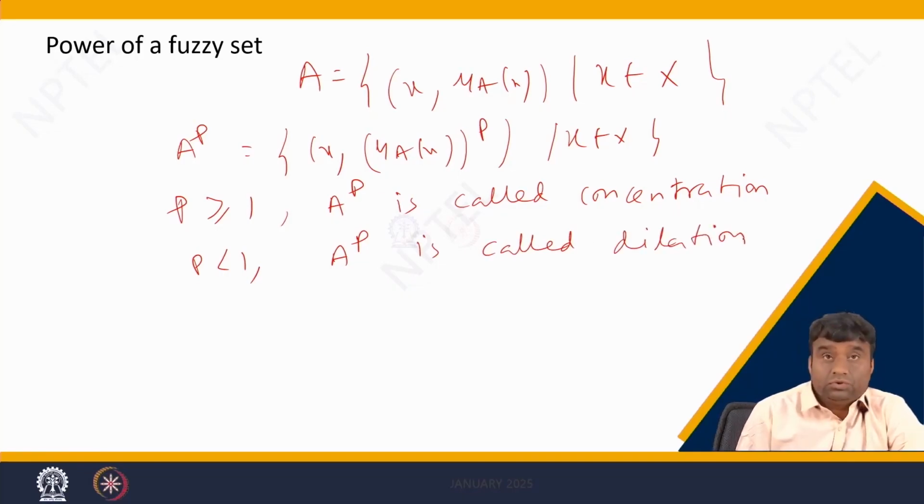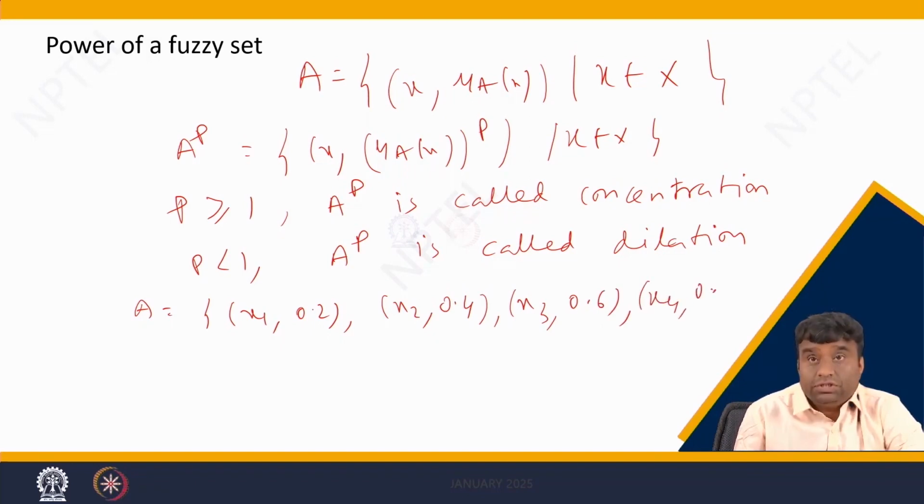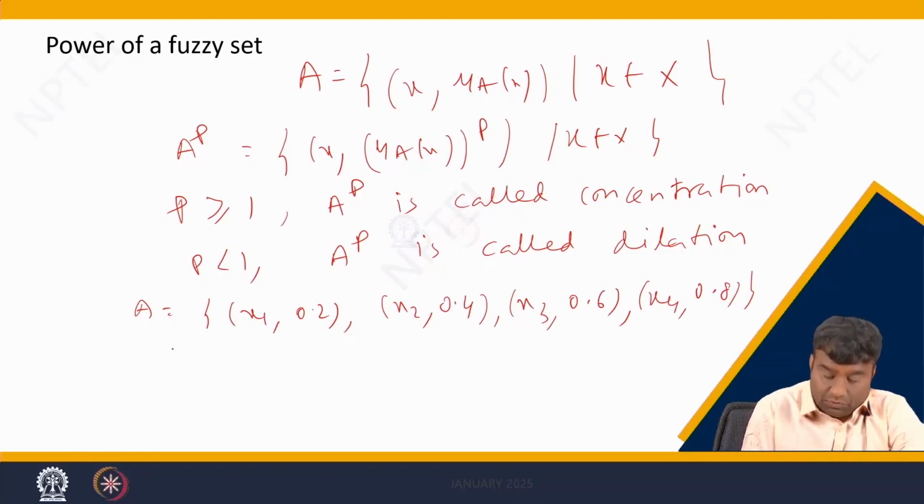Okay, so with the same example, we are writing that A equal to the fuzzy set x1 0.2, x2 0.4, x3 0.6, x4 0.8. Let p equal to 2, so it gives the concentration.